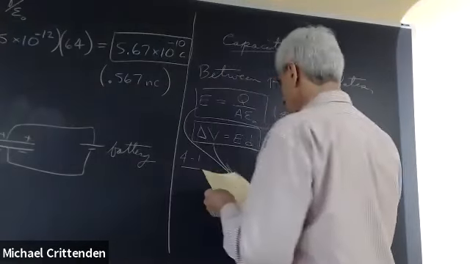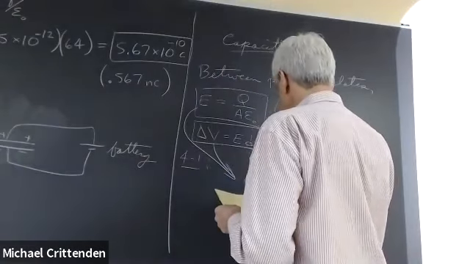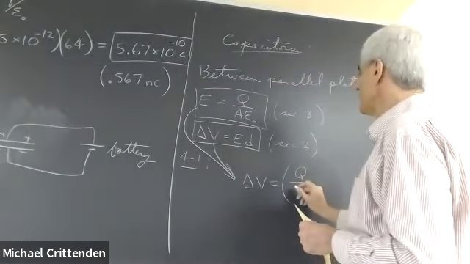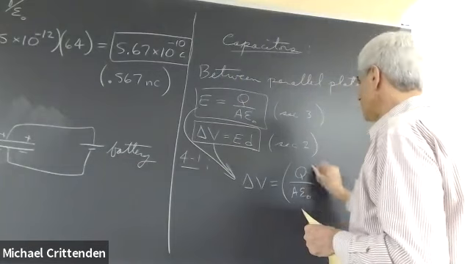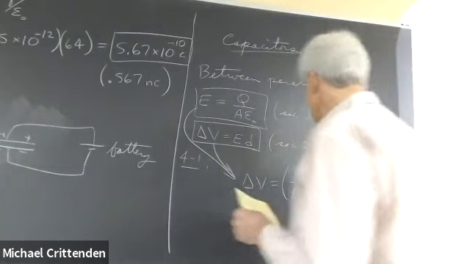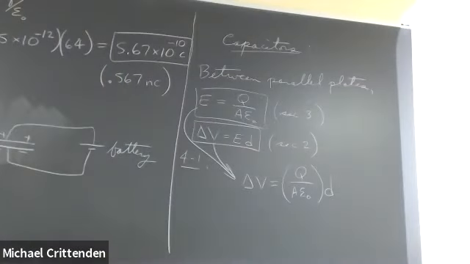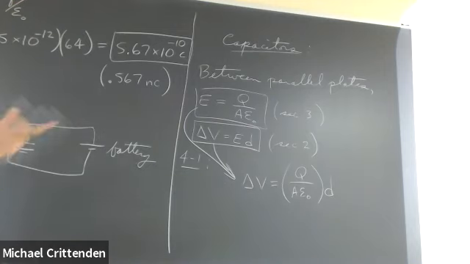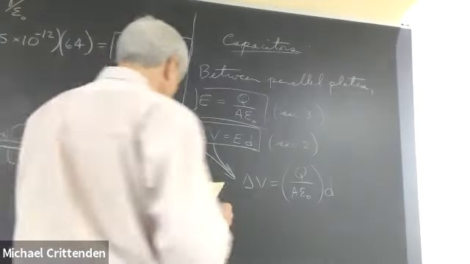It becomes delta V equals, put the thing that's equal to E where the E used to be. And then since what the question asks for is Q, rearrange it to solve for Q. Divide both sides by D, multiply both sides by A.